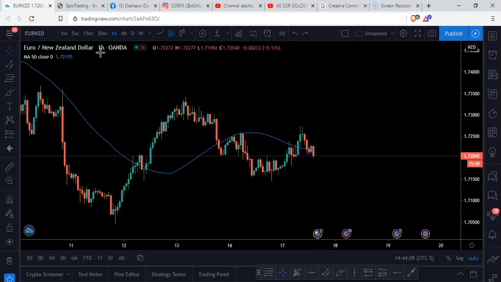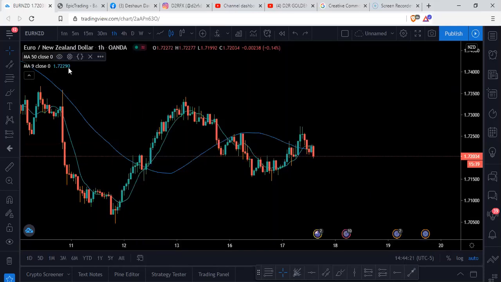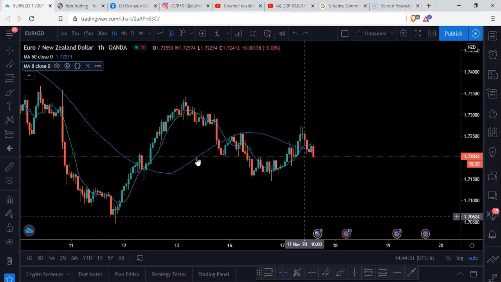A quick little strategy with that is you could put on 2 moving averages. I personally like to use the 8, though the 9 is cool, and the 50. We're gonna change the color.